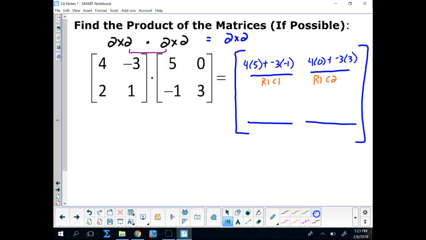Then I'm going to take the second row times the first column. Second row, first column, gets me 2 times 5 plus 1 times negative 1. Then I'm going to take the second row times the second column. So that's going to be 2 times 0 plus 1 times 3.